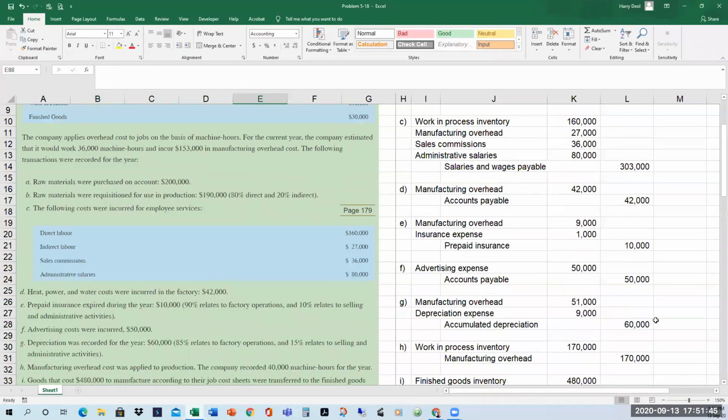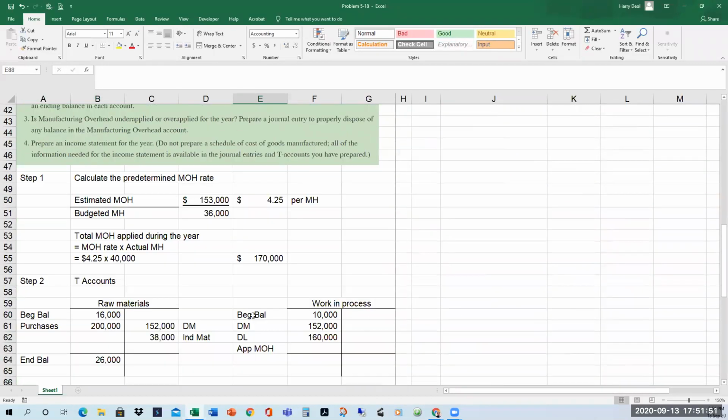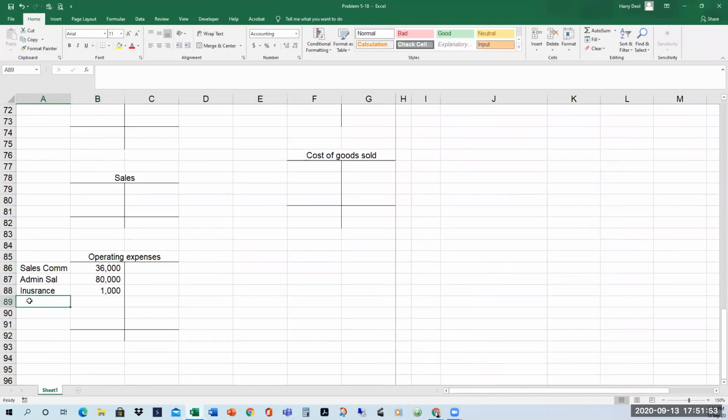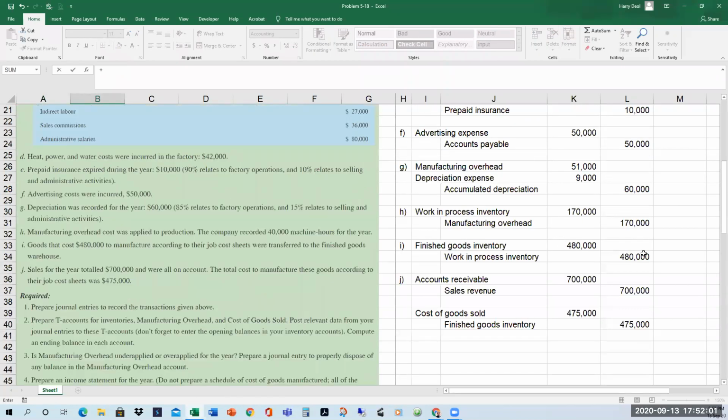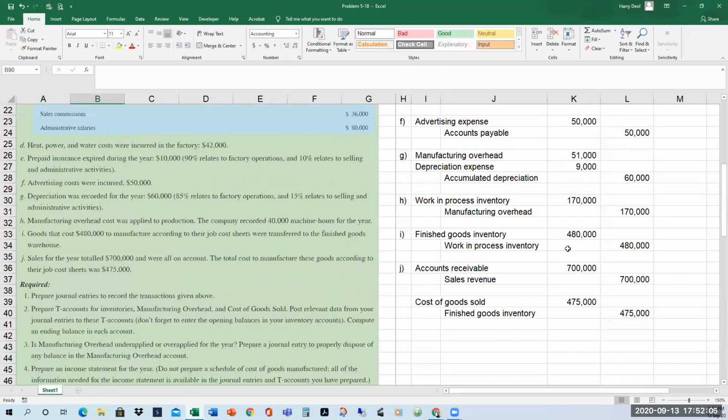Okay, next up, we have advertising expense, $50,000. So that goes into operating expenses. And then we have the depreciation.